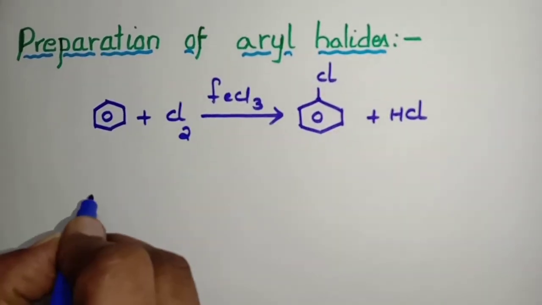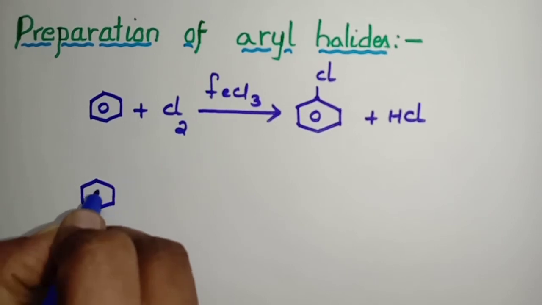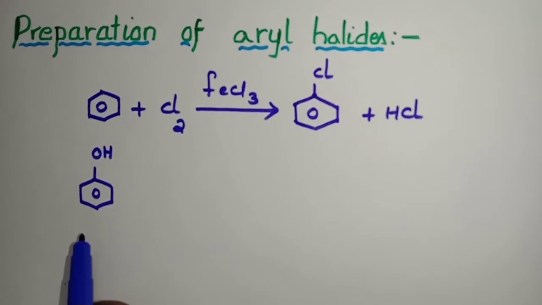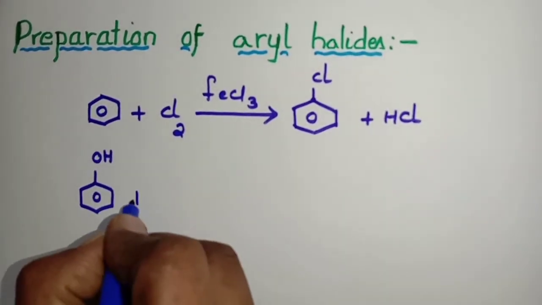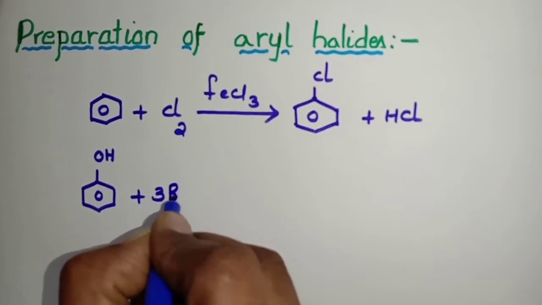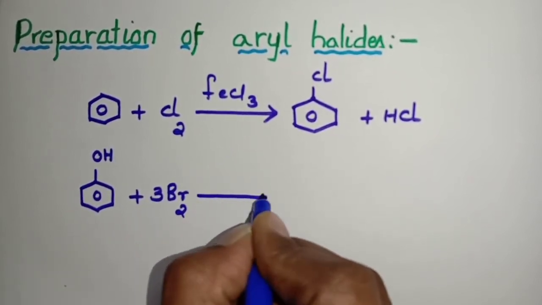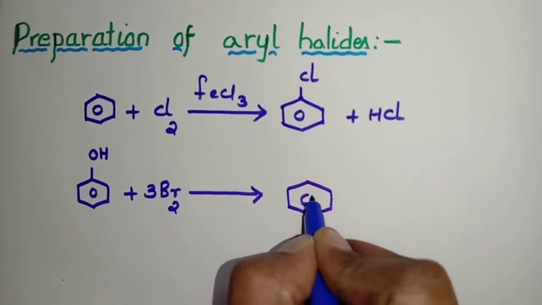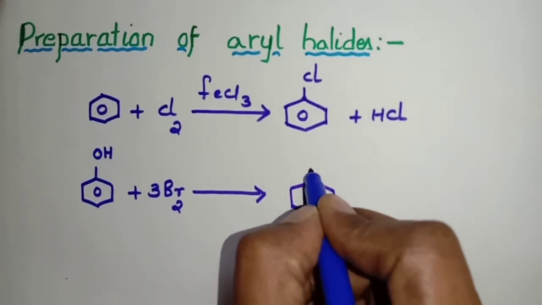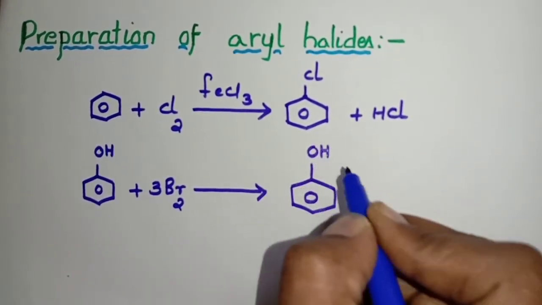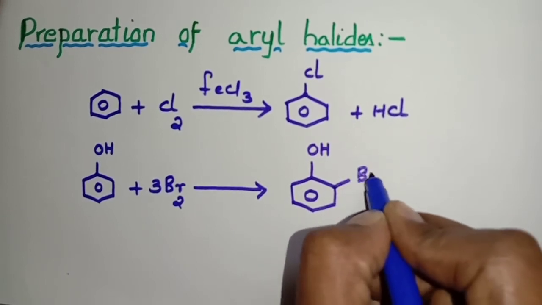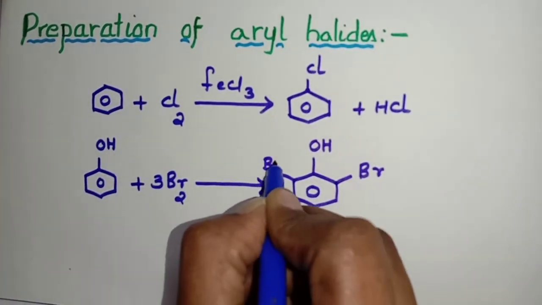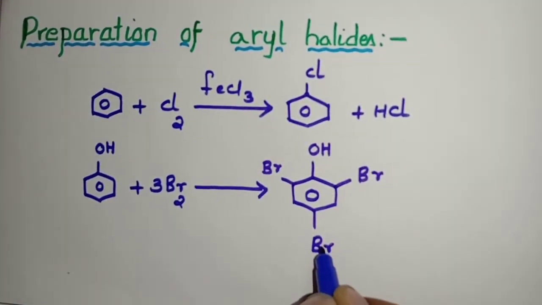Okay students. One more example. Taking C6H5OH. This is called as phenol. So on bromination, it can take up 3 Br2 molecules, resulting in the formation of, look here students, OH will be here only and 3 bromine atoms will be substituted in the place of 3 hydrogens.